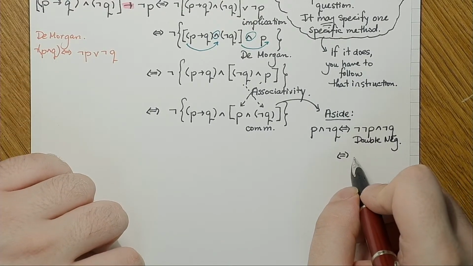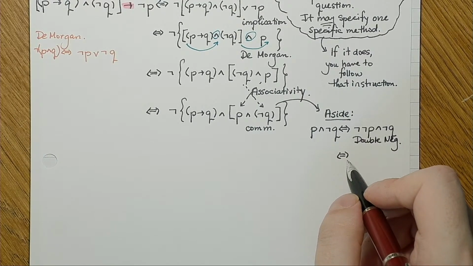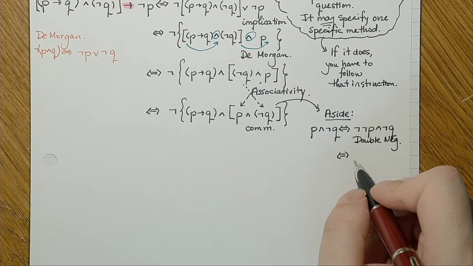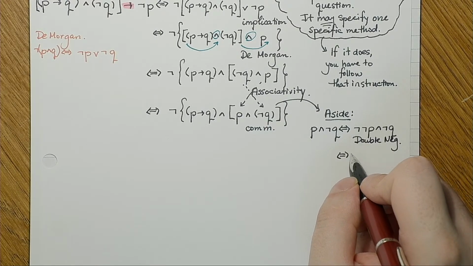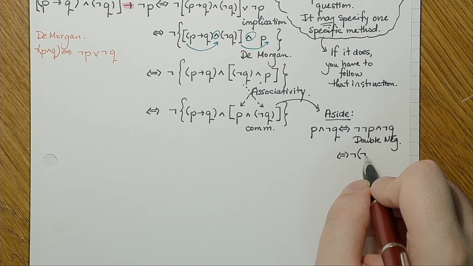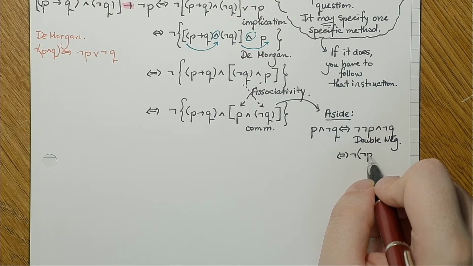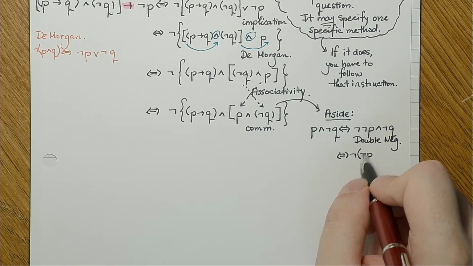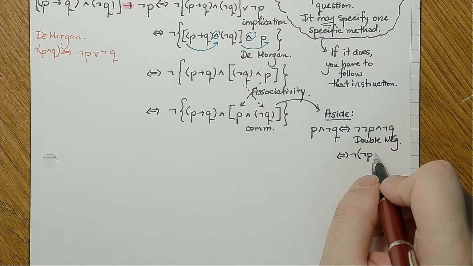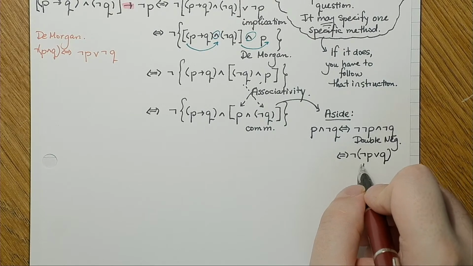I will pull out. Do we get to use a formula sheet? I have to check on that. Okay, so doing the De Morgan, I can pull out a negative so that I'm left with not P or Q. This is De Morgan.